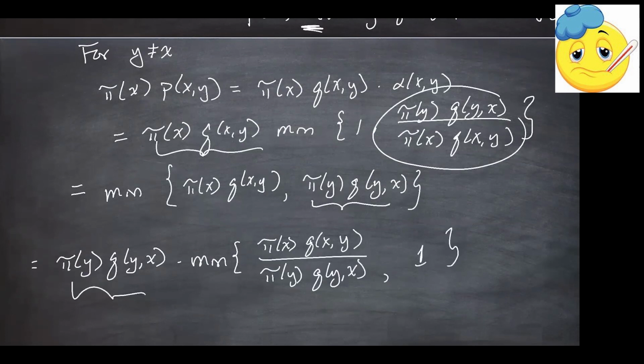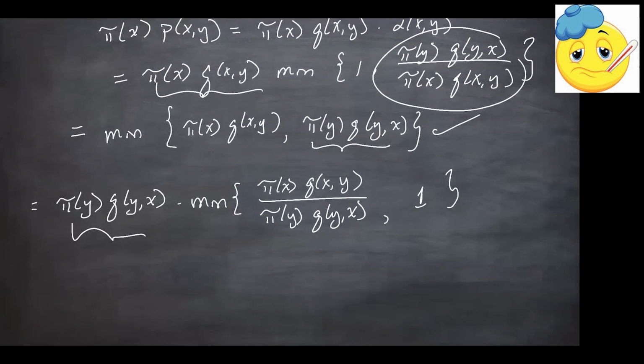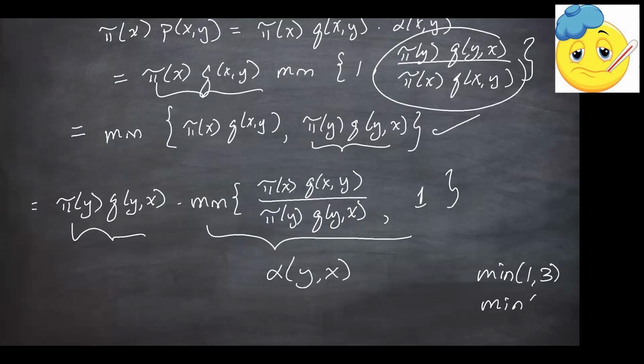Because if you multiply that in, you'll get this back. And so this is just alpha yx. Sure, the minimum was written in a different order, but it's like saying the minimum of 1 and 3 is the minimum of 3 and 1. Doesn't matter.